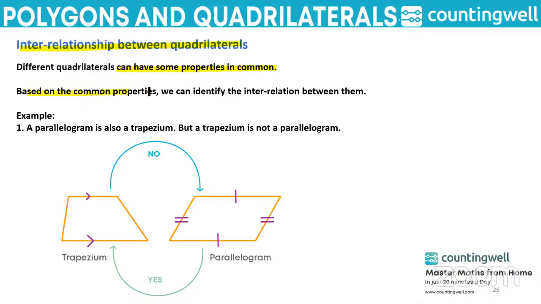Based on the common properties, we can identify the interrelationship between them. For example, a parallelogram is also a trapezium, but a trapezium cannot always be a parallelogram. Why is this so? Because in a trapezium, what happens? We have one pair of opposite sides parallel.